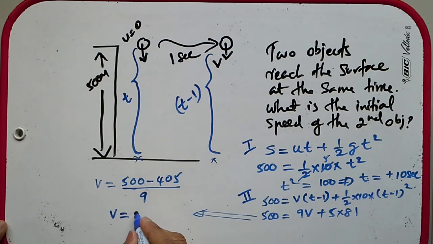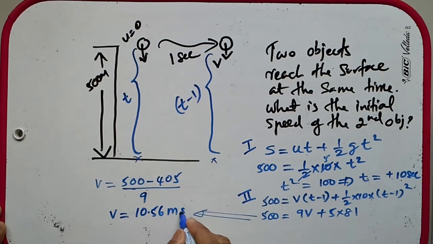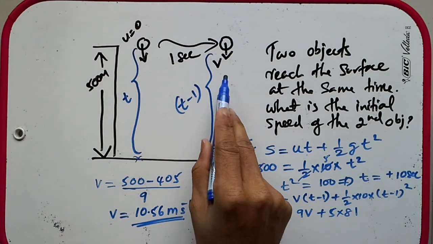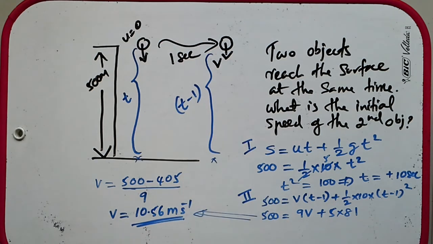You will get close to 10.56 m/s. Meaning you have to throw the second object after 1 second with 10.56 meters per second in order for these two objects to reach the ground together. I hope you got the idea.